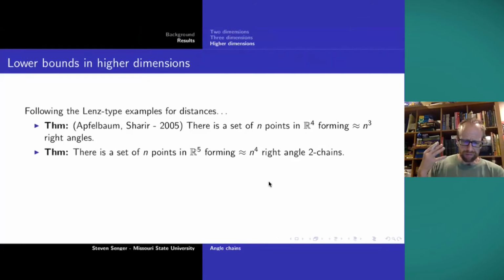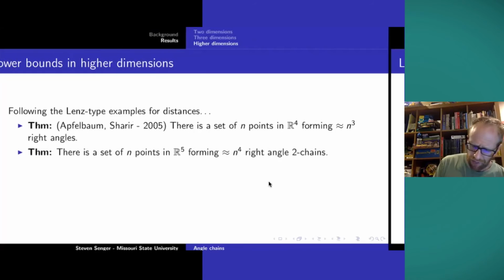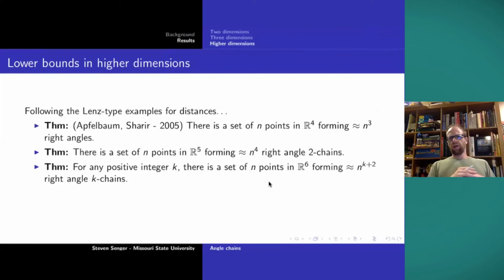Then we managed to show that you can take basically the same idea, which is, again, lower dimensional phenomena. There's a set of n points in R5 forming n to the 4th right angle 2-chains. Oh yeah, R5. I got really scared for a second. And then in R6, that's when it kind of trivializes.